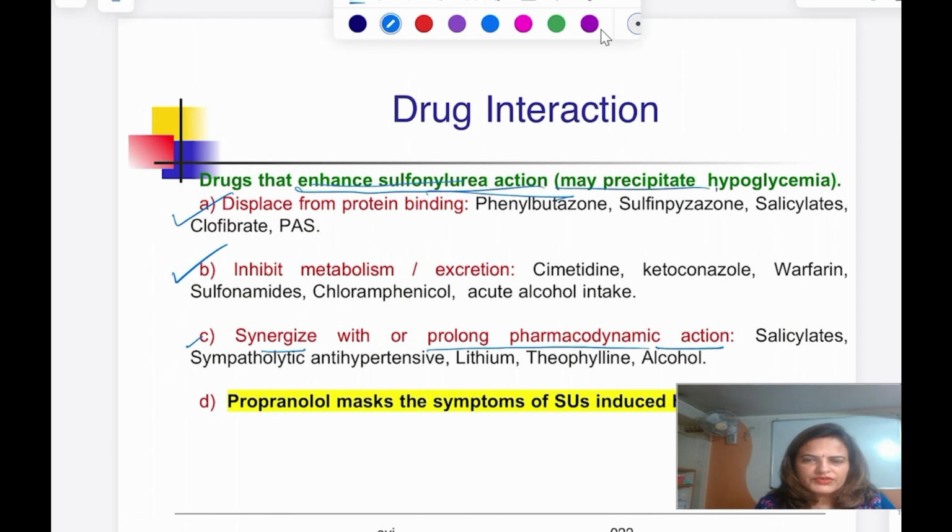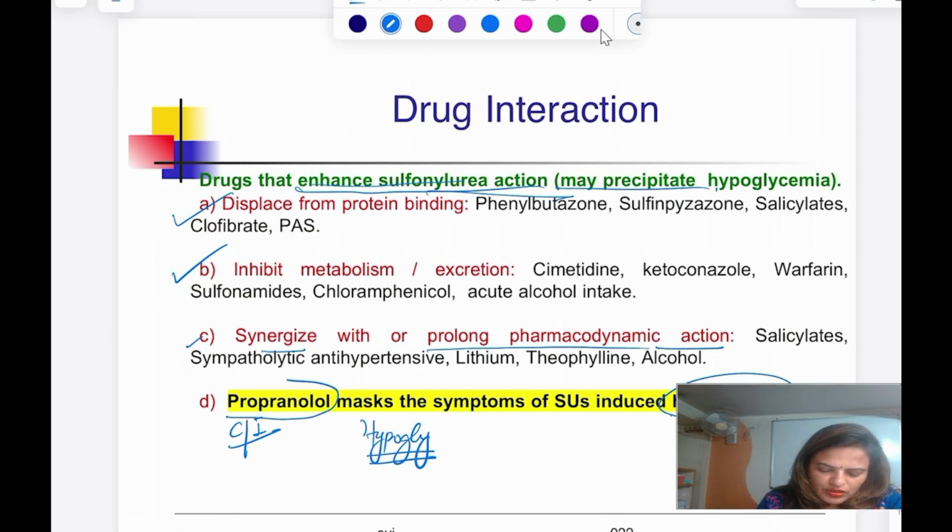Here the most important, which I have highlighted, is propranolol. It masks the symptoms of sulfonylurea-induced hypoglycemia. Usually we say beta blockers are contraindicated in diabetes mellitus patients.